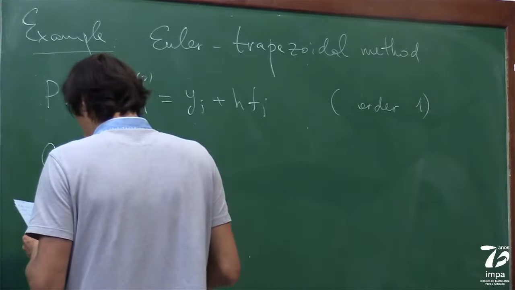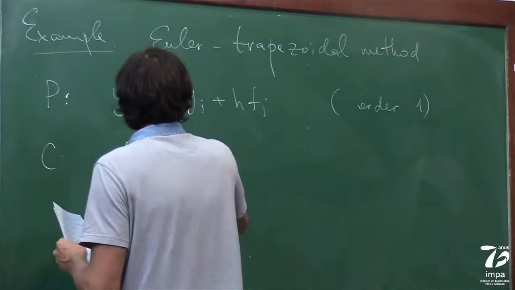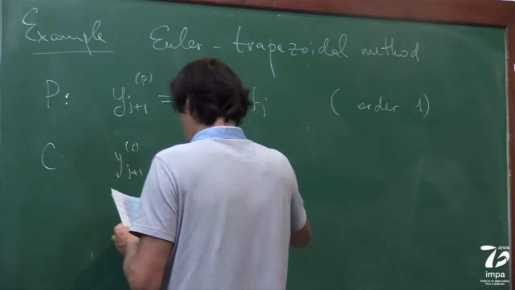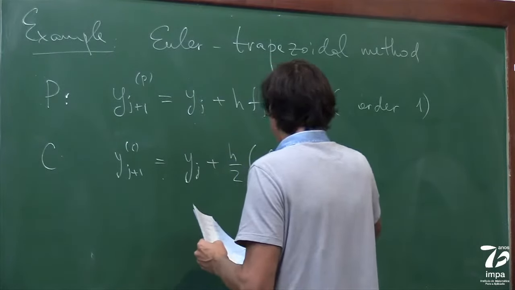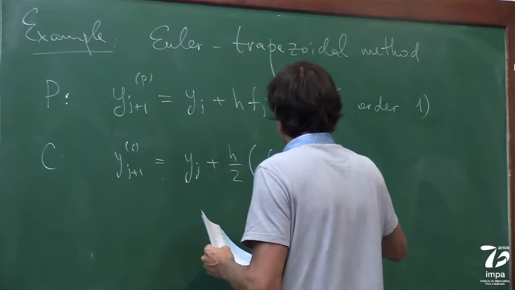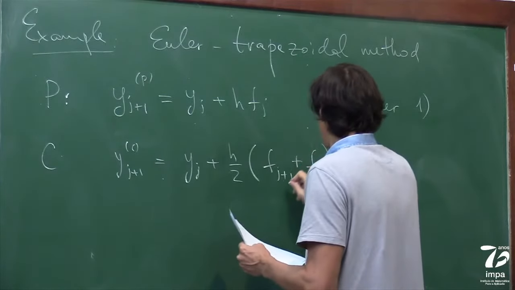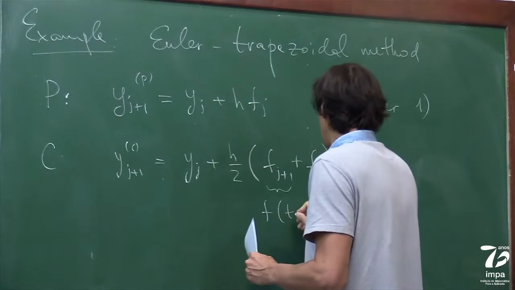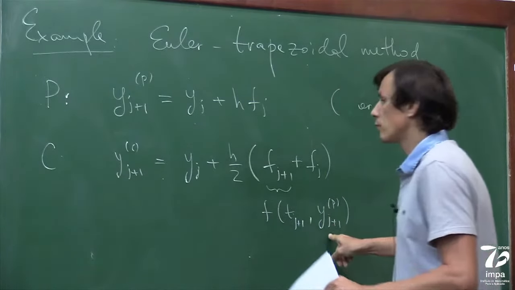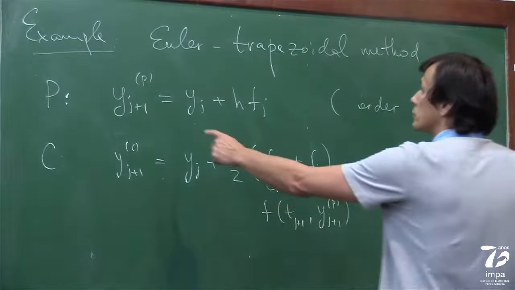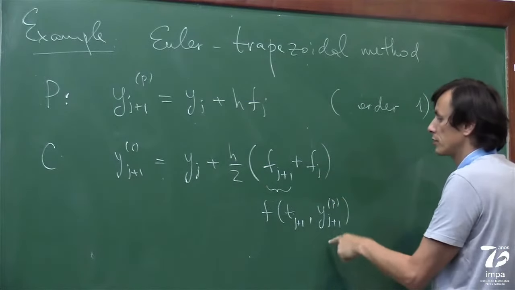So y_{j+1} of the corrector will be y_j plus h over 2 times f_{j+1} plus f_j, where f_{j+1} is computed with the previous value.